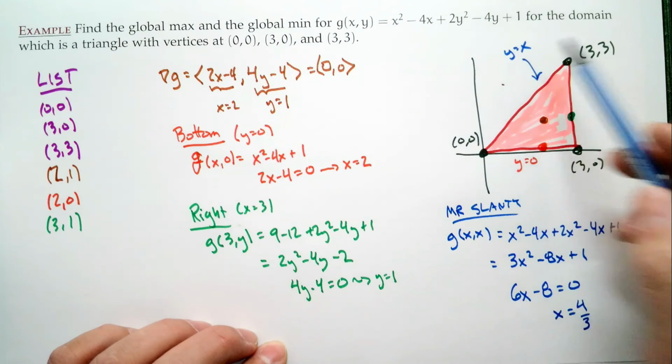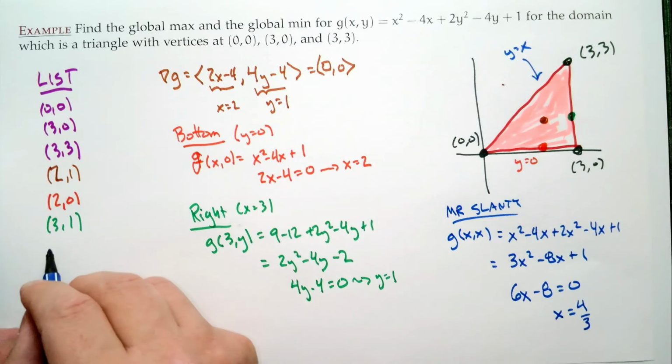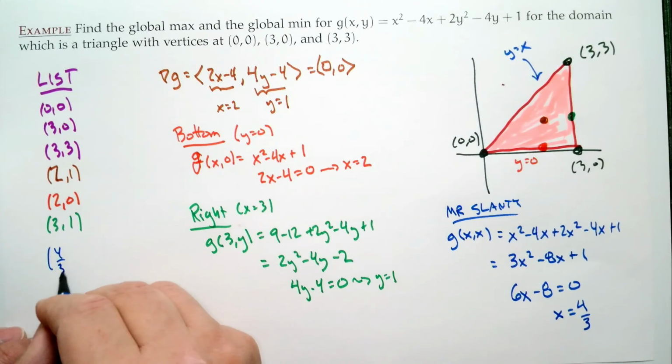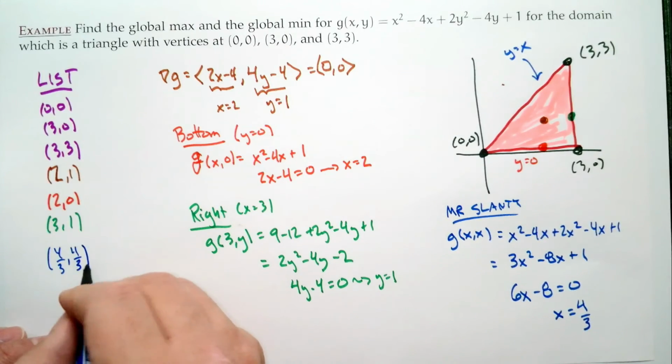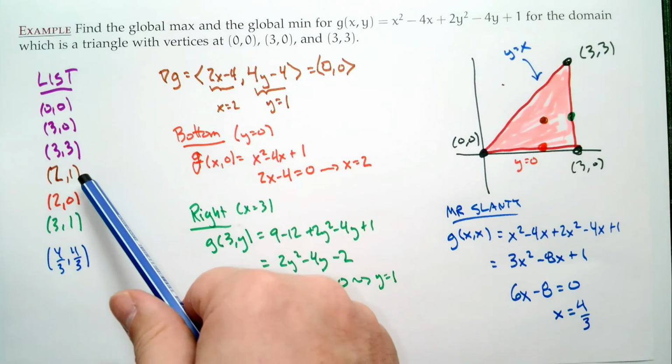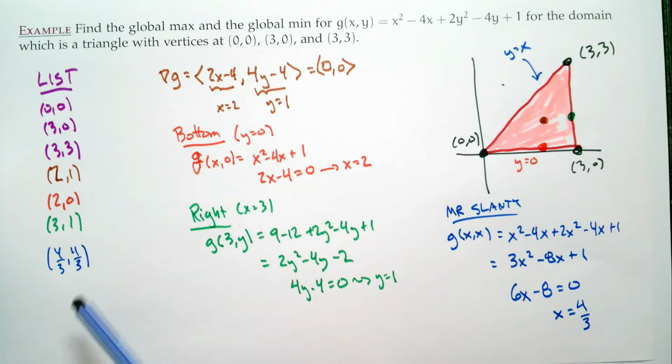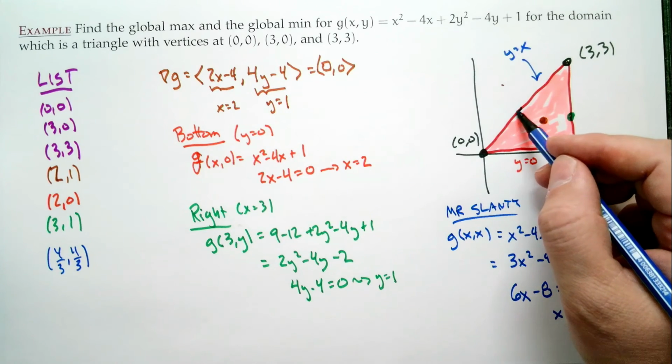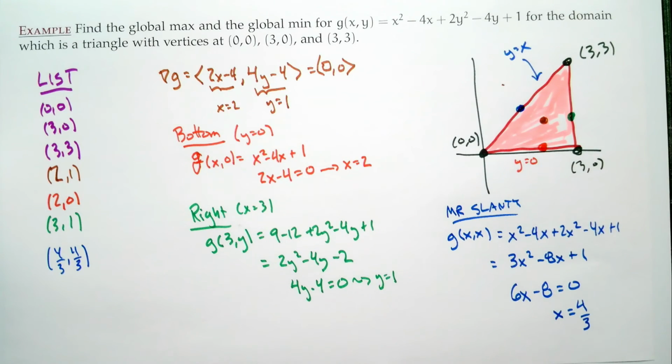And now remember that we're on the curve y equals x. So that means we're at (4/3, 4/3), because y and x are the same. All right, so now we're just going to make sure we did everything. We got the corners, we got the interior, and we checked each one of the sides. And 4 over 3 is roughly there. So we now have 7 points to check.